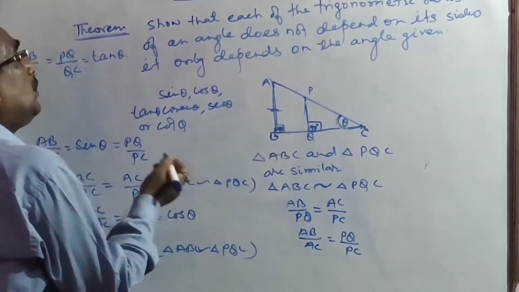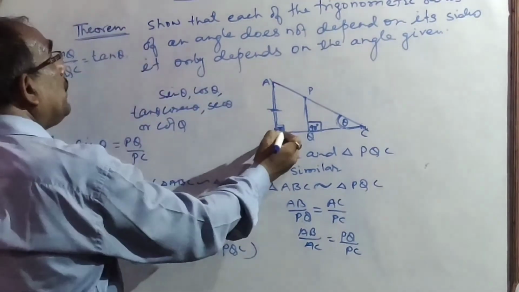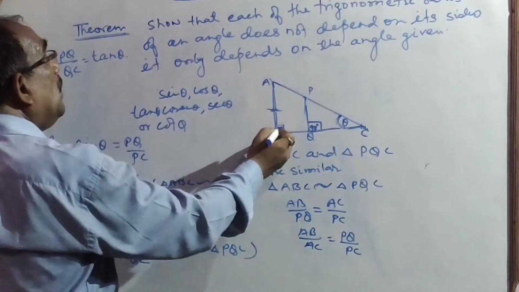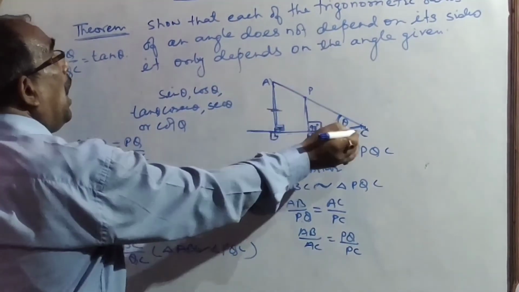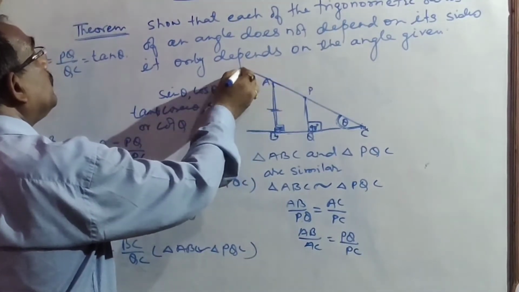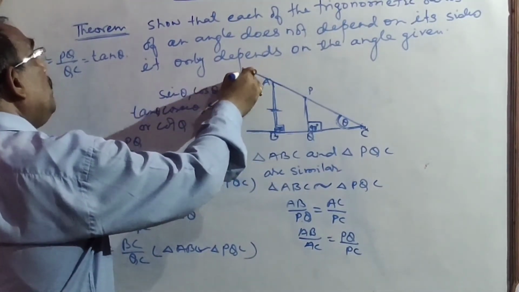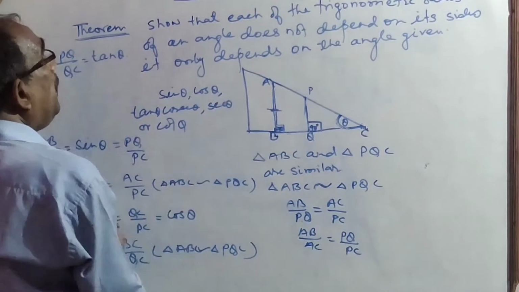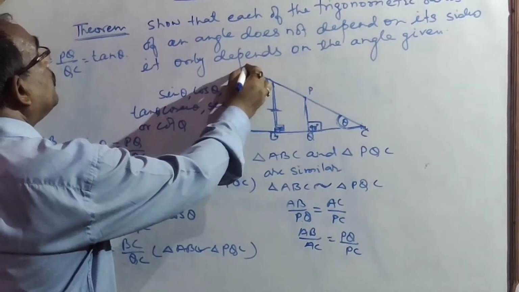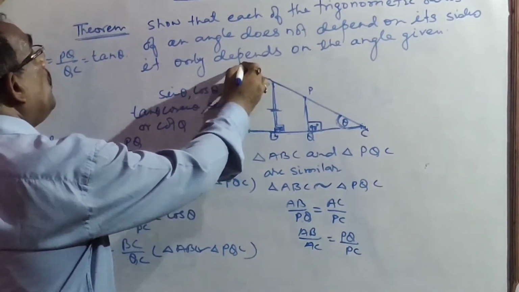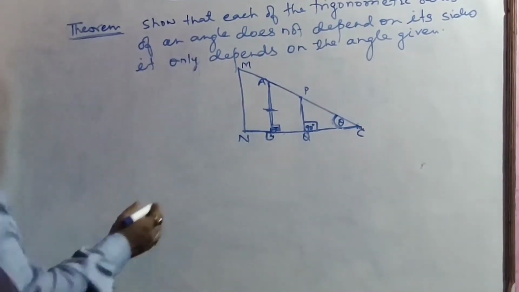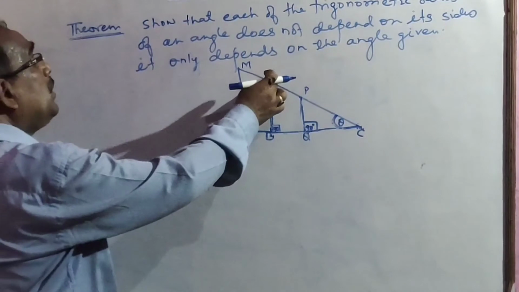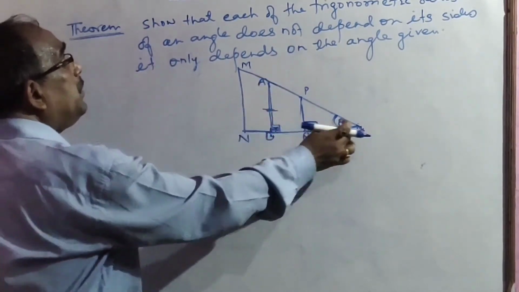One more thing: we made this figure smaller than ABC. Now we are going to see a bigger triangle by producing CB and CA, then drawing a perpendicular. Suppose these points are M and N. Dear students, the original triangle was ABC.